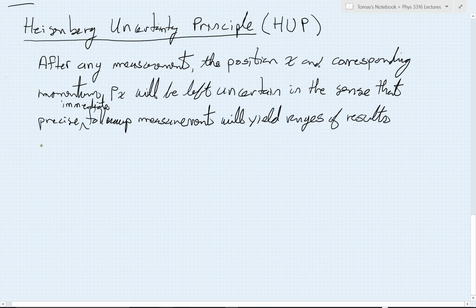So the range of results I will call delta x. And that's the term we give to it. But what it precisely means is the standard deviation of x that you find in those follow-up measurements.